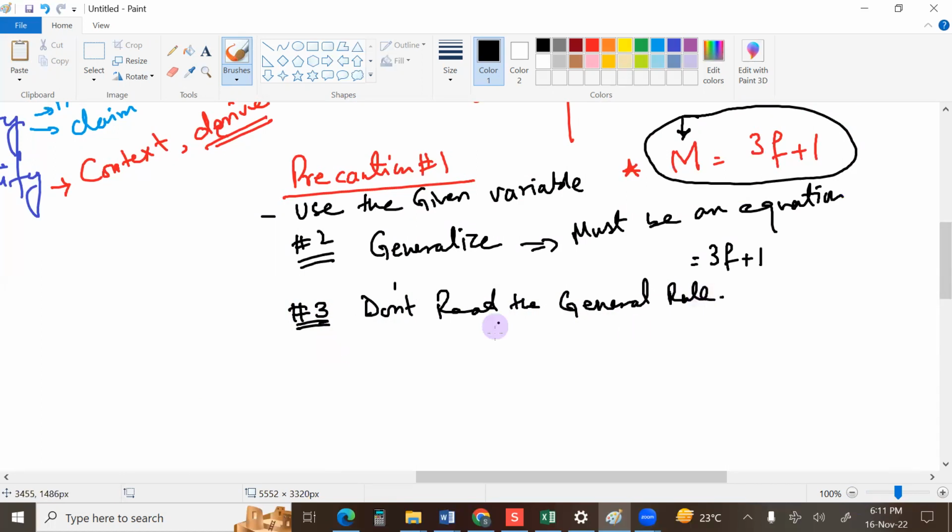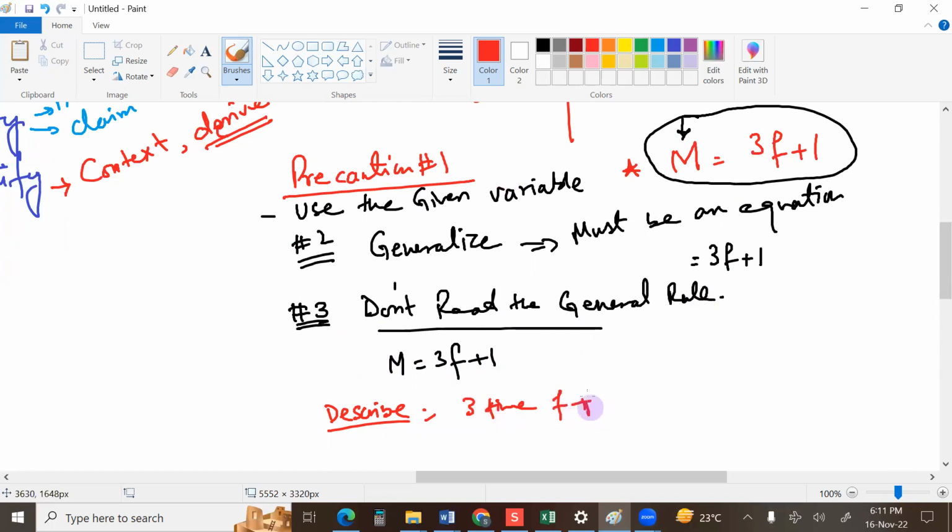It's sort of funny, but let's say my general rule is M equals 3F plus 1. And in the description part, if you're asked to describe, you say it's 3 times F plus 1. It's not considered at all. It's not a description.